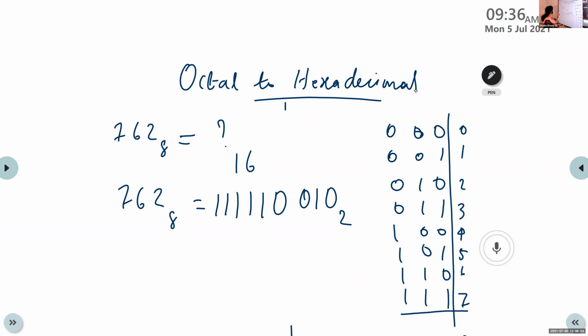So first I convert the octal number into binary using the 3-bit table. So the answer is 111110010. After that, we have to convert this binary into hexadecimal using the 4-bit table. So how can we convert binary to hexadecimal?